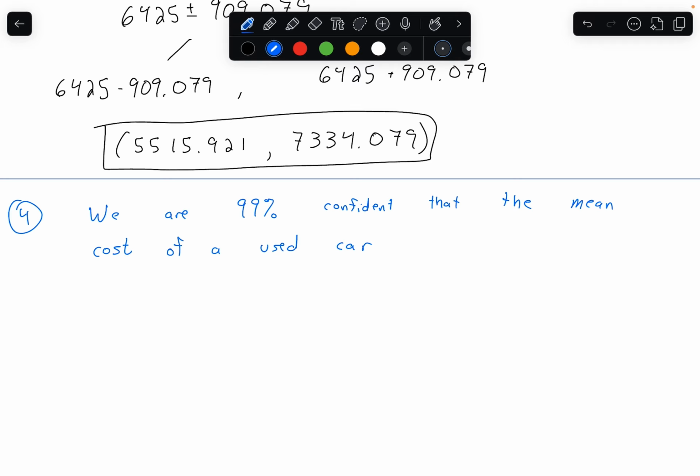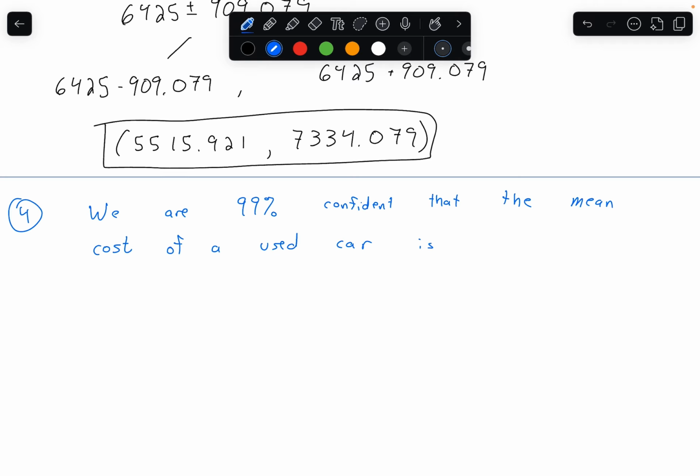So the mean cost of a used car is between, we said, $5,515.921 and $7,334.079.